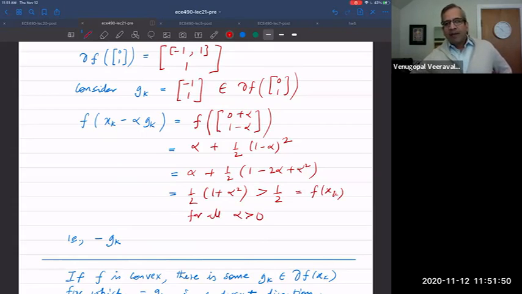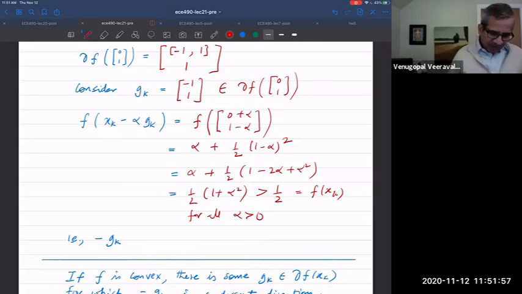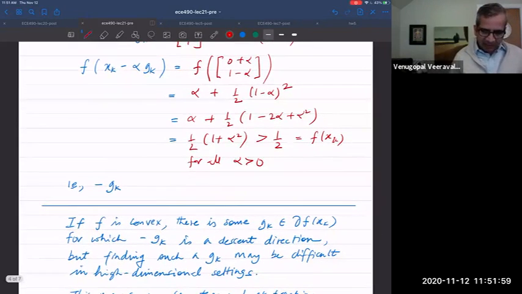No matter how small I make my alpha, I'm not decreasing the value of my function. So this particular subgradient direction, or the negative of that, is not a descent direction.